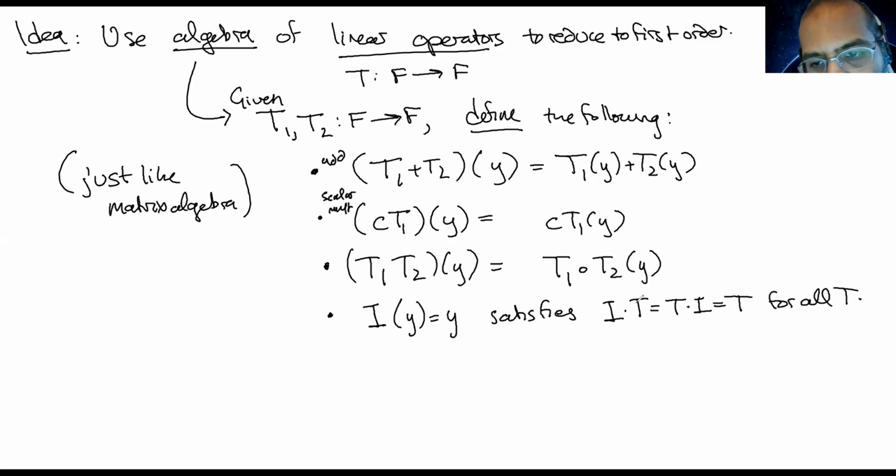So now you can do algebra with these linear transformations, even though they're on an infinite dimensional space. This is actually a really powerful idea. But any questions about what this means?